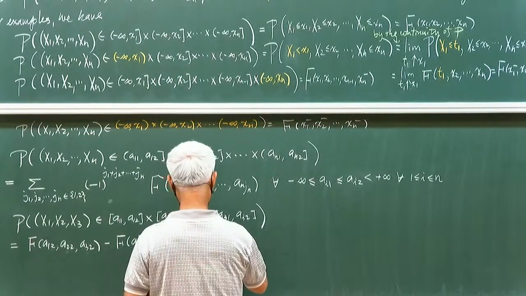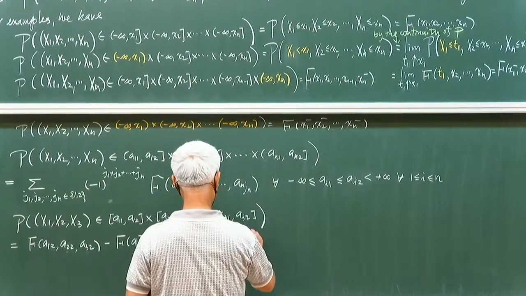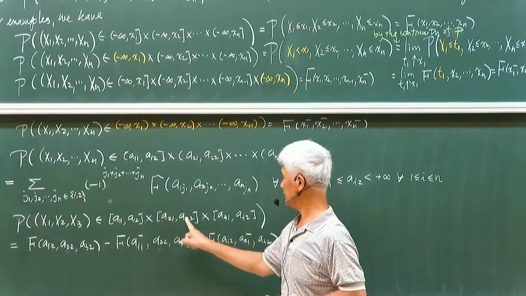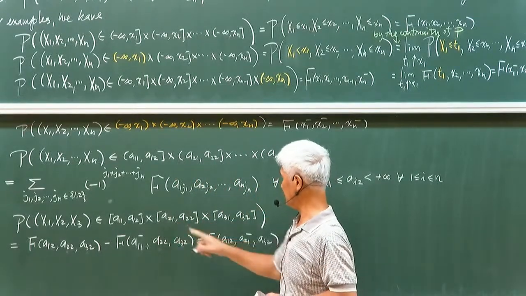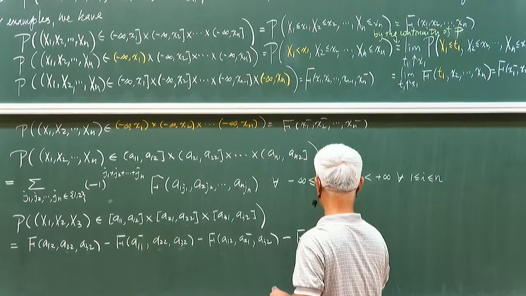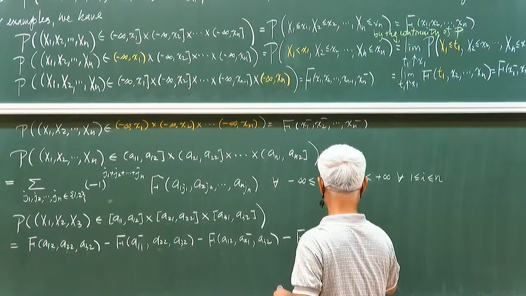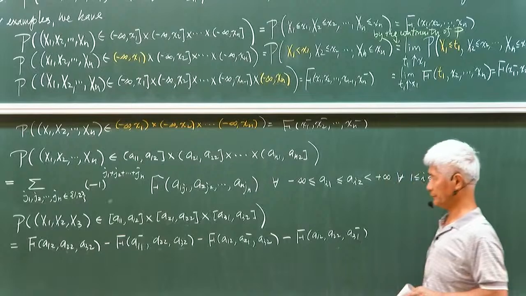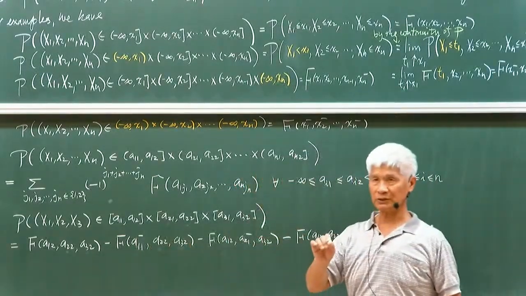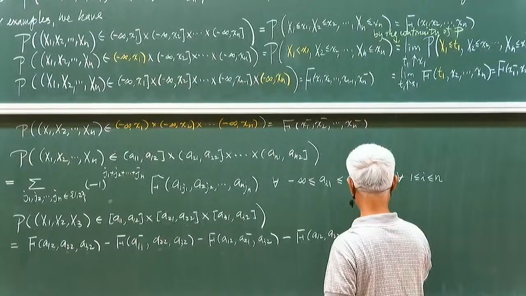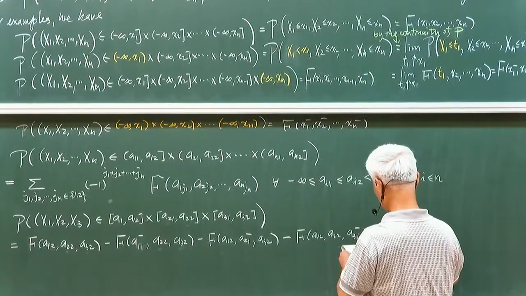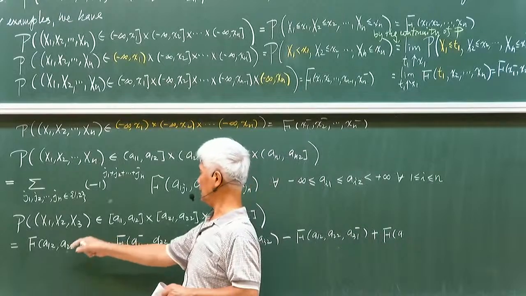So it's A12, A21, A32. Okay. So we replace this by this one, and the minus A12, A22, and A31 minus here. All right. So now we have subtracted too much, so we have to add back. Now we replace.